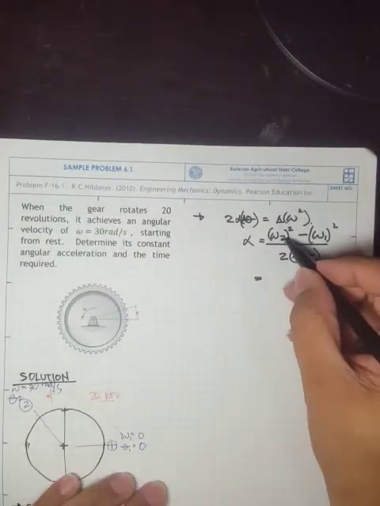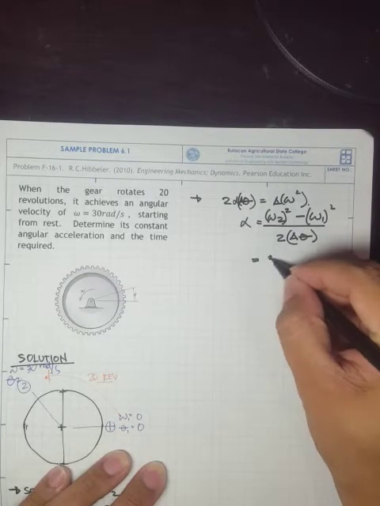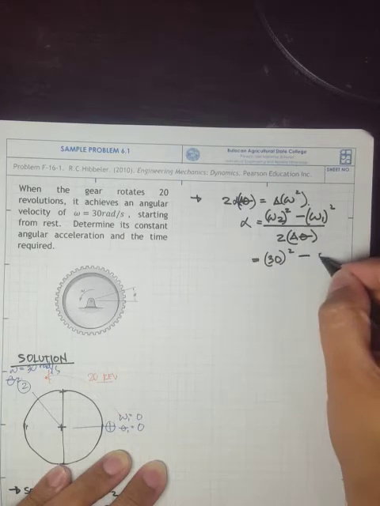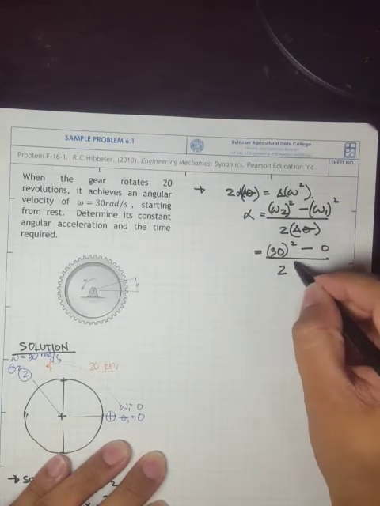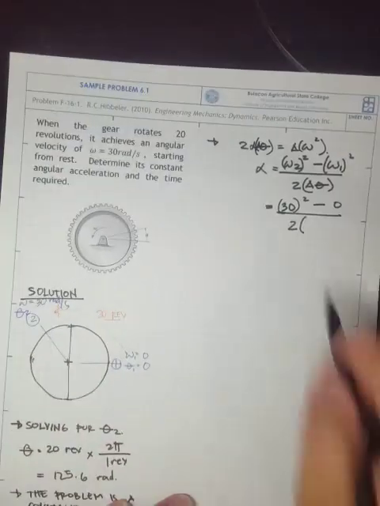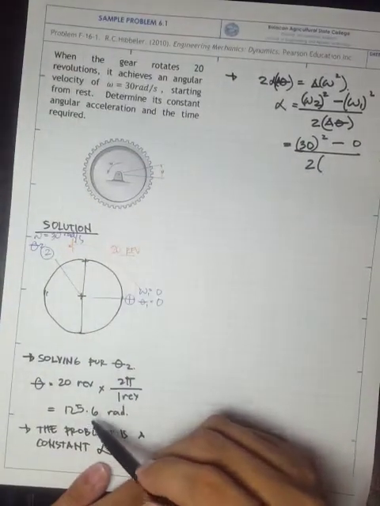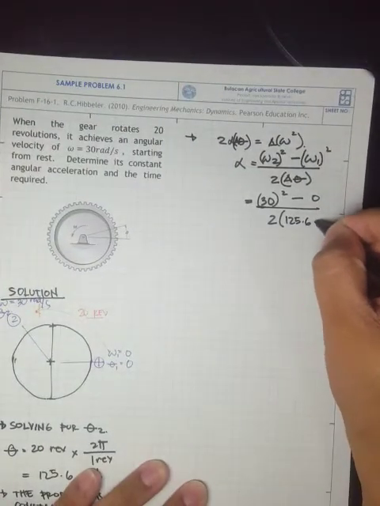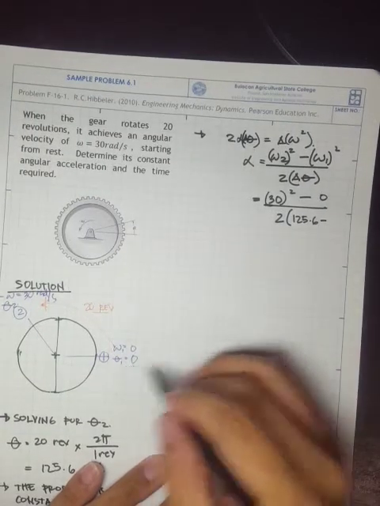The angular velocity is 30 radians per second, so 30 squared minus 0 because it's from rest, over 2 times theta 2, which is 125.6, minus the position here, which is just 0 since it's the reference point.